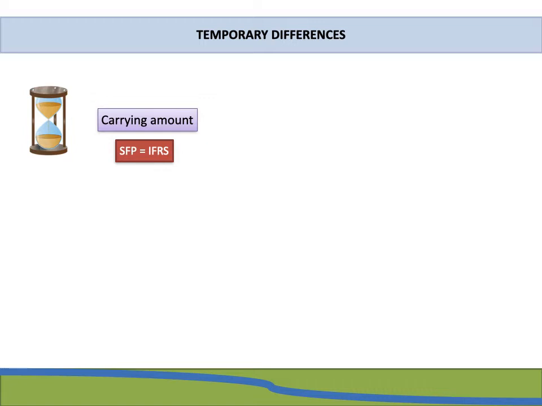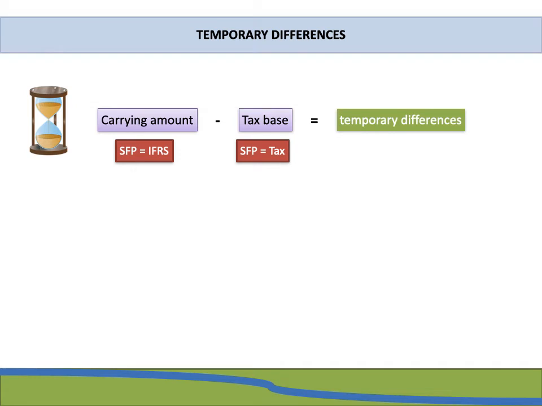Now, if you had to draw up a statement of financial position based on the Tax Act, then your tax base amount would be reflecting on your statement of financial position because this is based on the Tax Act. So to calculate our temporary differences, it will be the carrying amount minus the tax base, which gives you your temporary differences. But let's take a closer look at tax base.